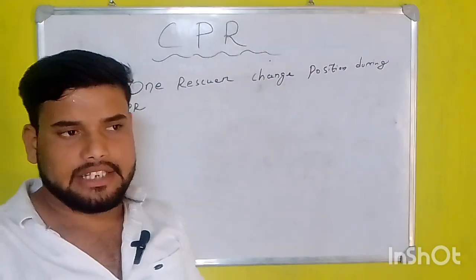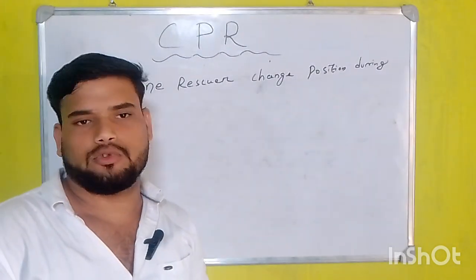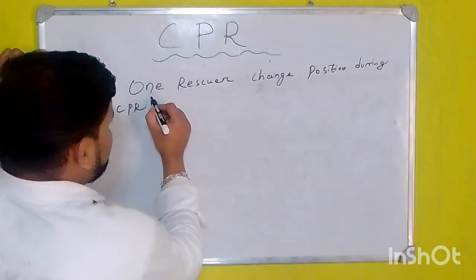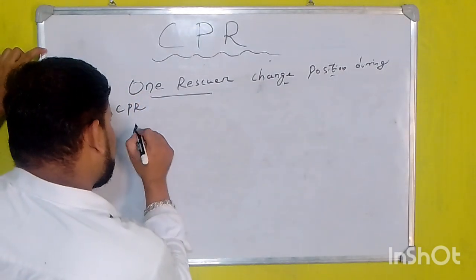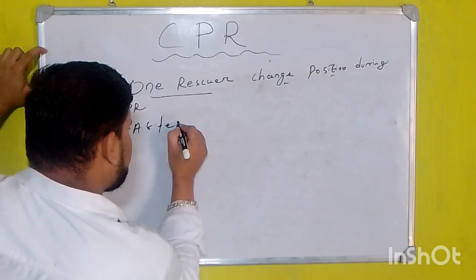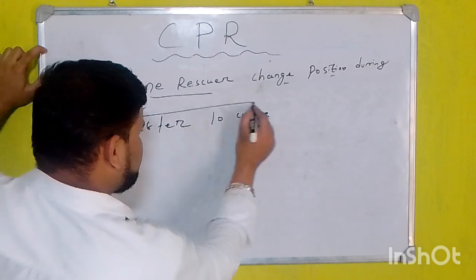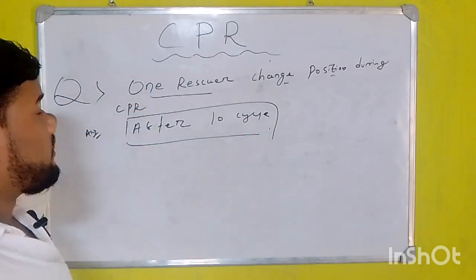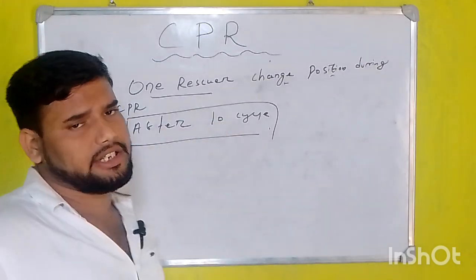How many cycles after CPR does the one rescuer change their position? One rescuer changes position after 10 cycles. After 10 cycles.